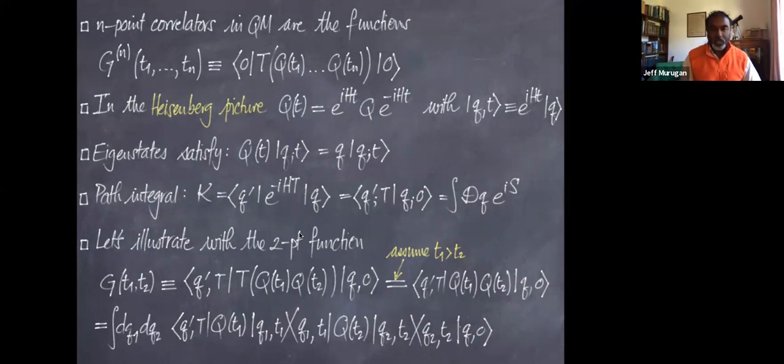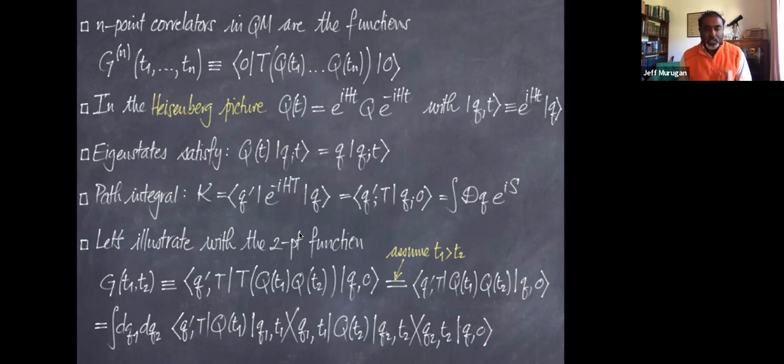Okay, so again, all I've done is insert identities, between Q at T1 and Q at T2, and between Q at T2 and the initial state.